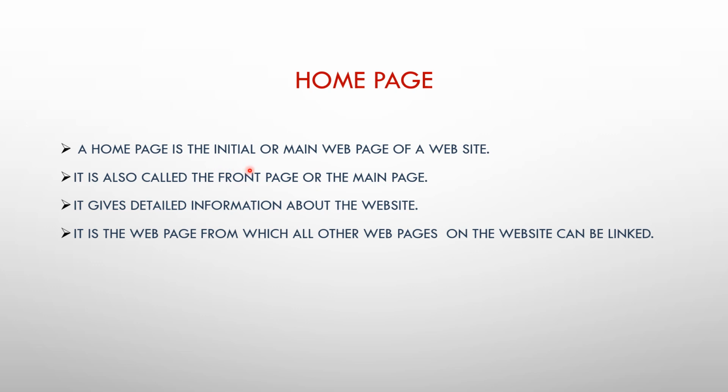From the home page you can jump to other web pages through hyperlinks. It is a web page from which all other web pages on the website can be linked.